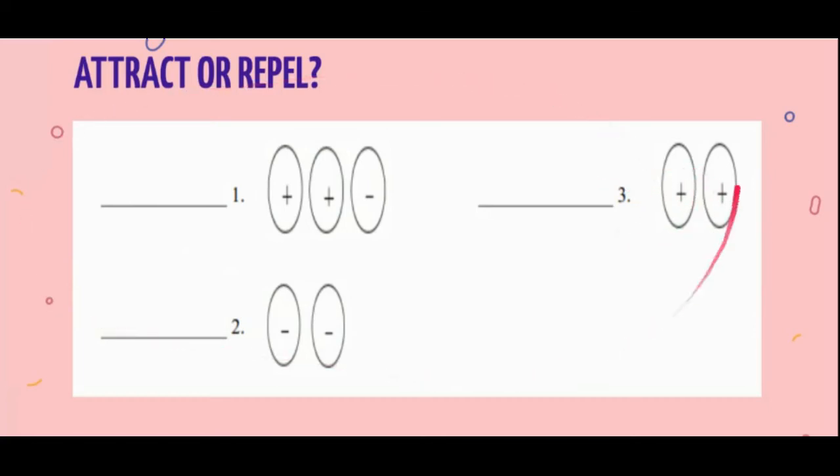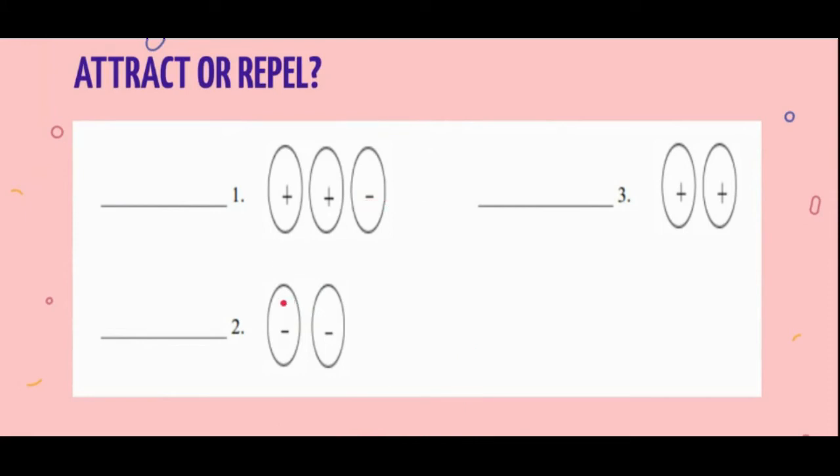So we have been talking about attraction and repulsion here. Now, what is the connection of this attraction and repulsion to our lesson? In attraction and repulsion, we can just say that two identical charged particles will repel one another, and two different charges will attract one another.